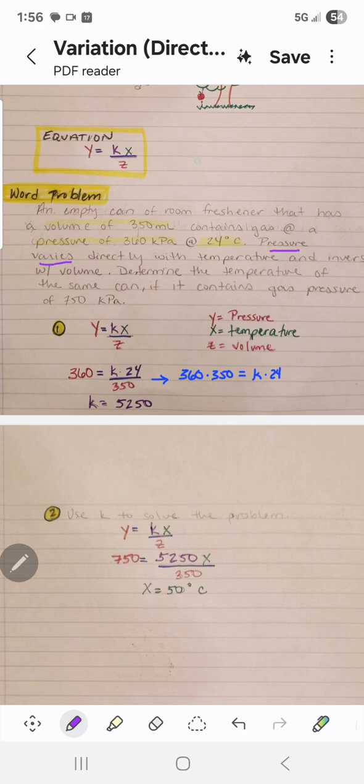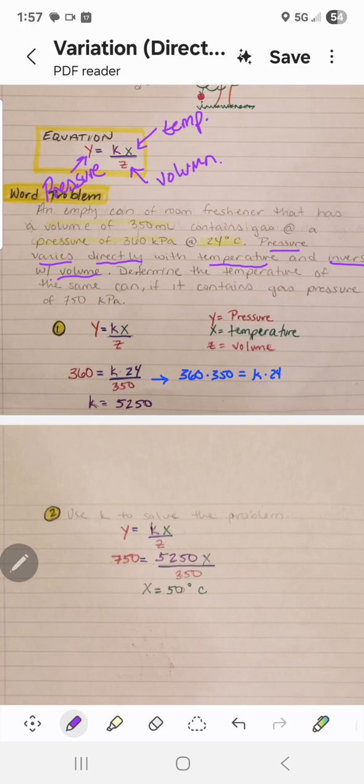That means pressure is Y, varies directly with temperature, means X is temperature because directly is the one that gets multiplied. And inversely with volume, which means that this one is volume. Well, this helps tremendously because now I know exactly what all the variables are. Y is pressure, X is temperature, and Z is volume.